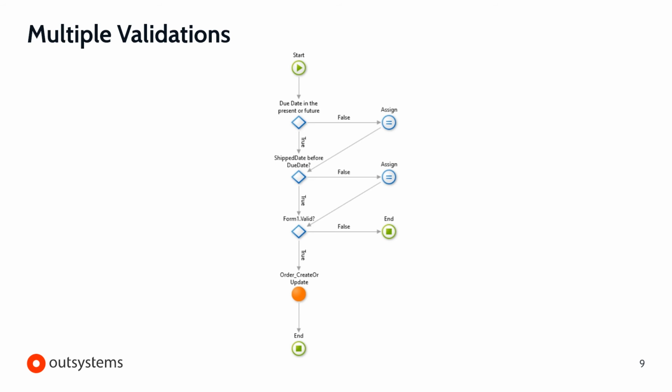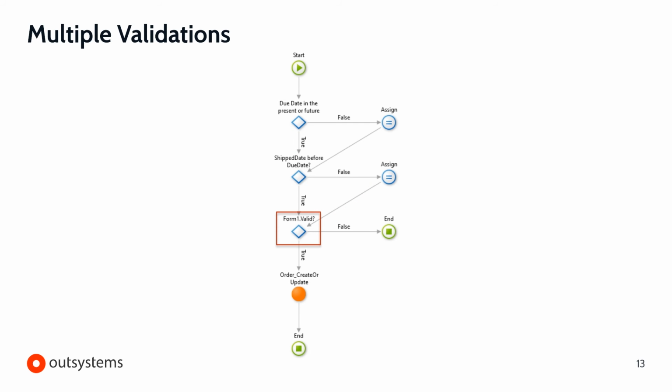Let's analyze a scenario with two custom validations. We can get the form valid verification through multiple paths. We can follow a path where the first validation fails, but the second one passes. Or where the first validation passes while the second one fails, among other alternatives.